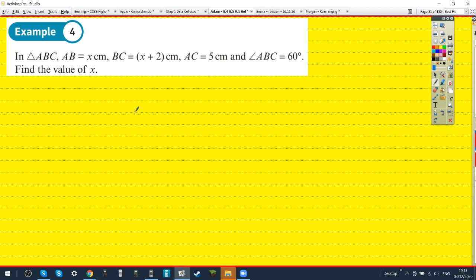I drew out the triangle first. So could we use, we don't have to use cosine rule, or can we?